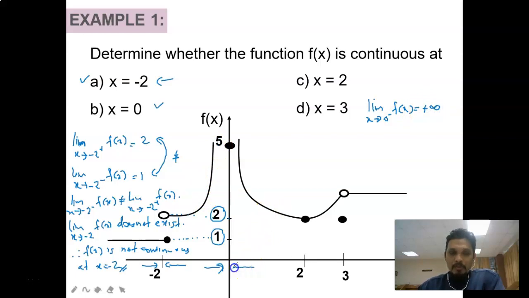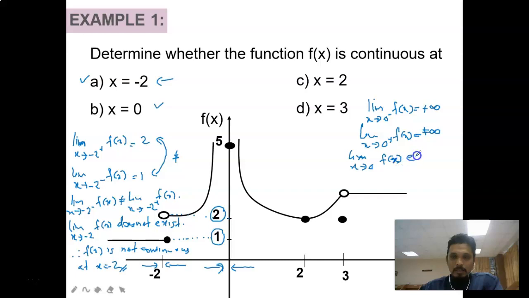And when x approaches 0 from the right side, the graph also moves up. The limit as x approaches 0 from the right of the function f(x) is also positive infinity. So we call the limit of f(x) as x approaches 0 exists.